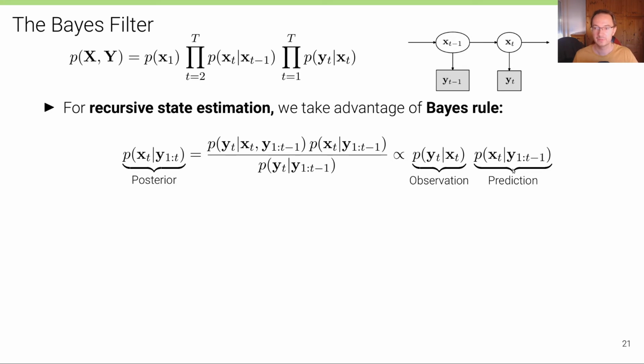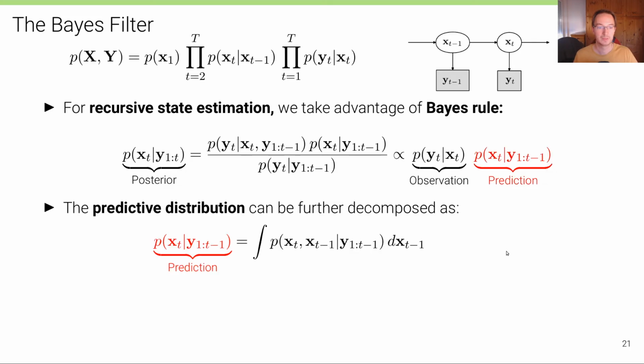And then here we have the prediction on the right hand side, which is estimating the distribution of xt given all the previous measurements.